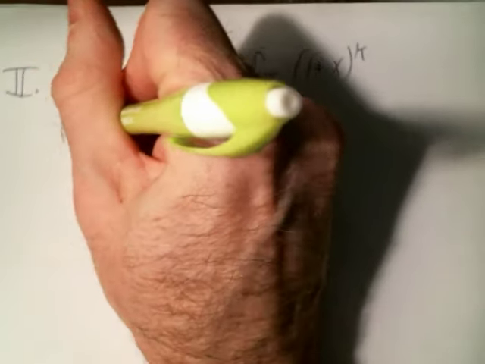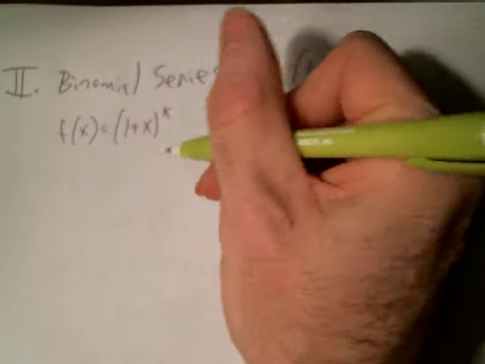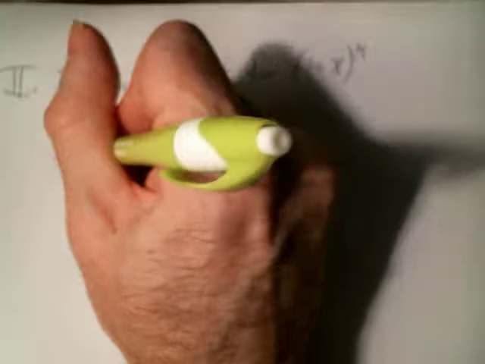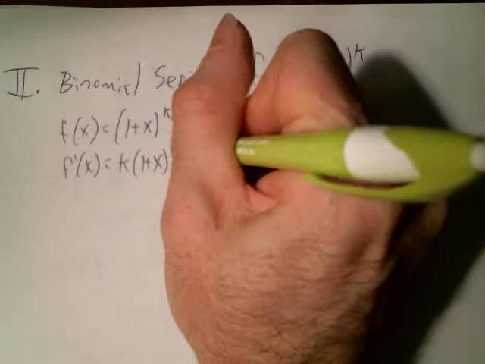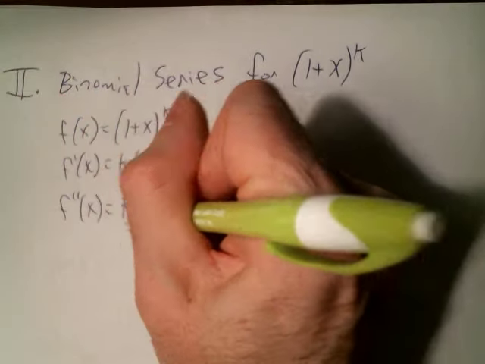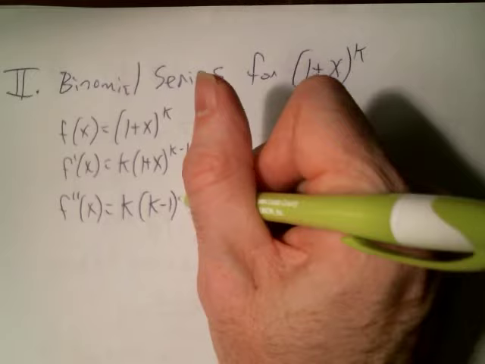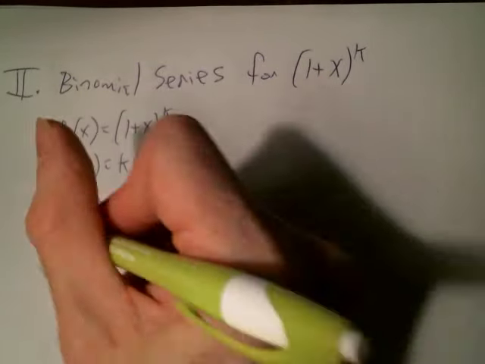We just consider f of x equals 1 plus x to the k, and then just keep taking its derivative. So f prime of x is k times 1 plus x to the k minus 1. F double prime of x is k times k minus 1 times 1 plus x to the k minus 2.